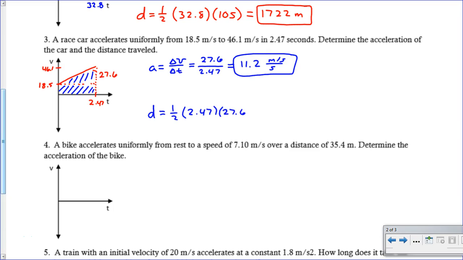Now we could have done the rectangle first, it doesn't matter, we're just adding them together. So then I'll say plus the area of the rectangle, that's 18.5 by 2.47. And when you add all that together, you should get something along the lines of 79.8 meters.